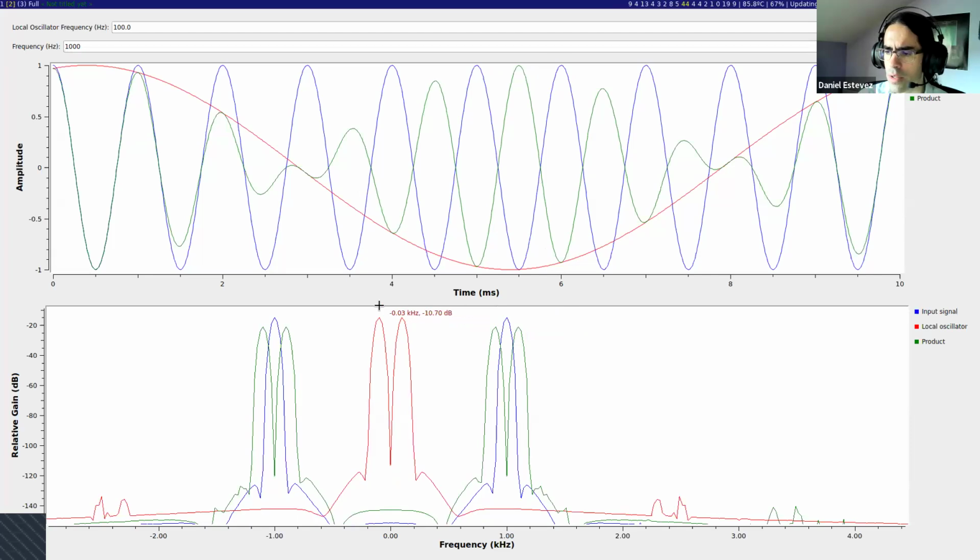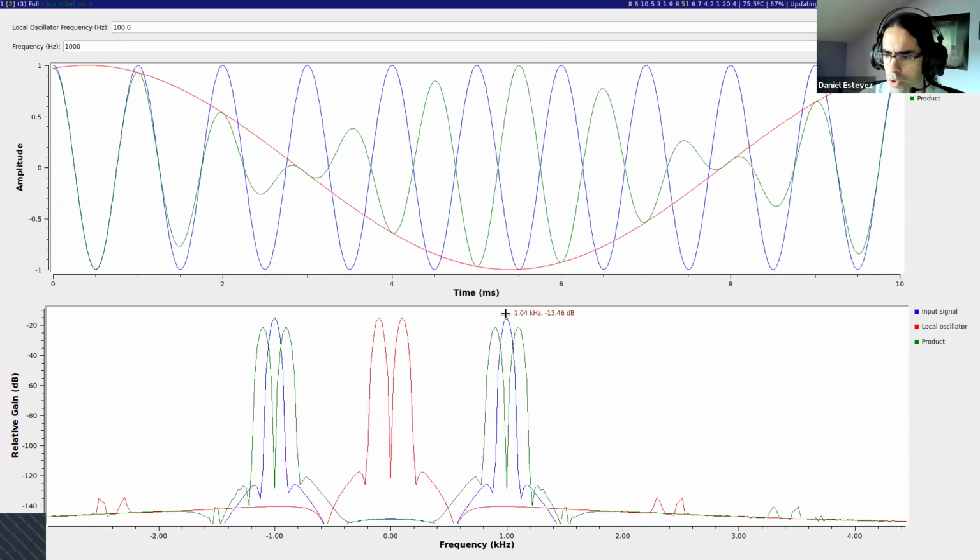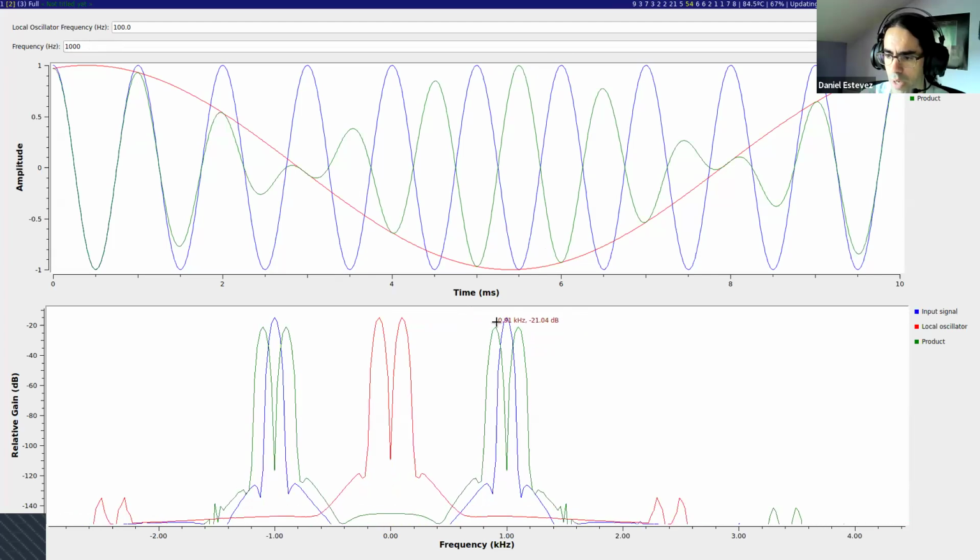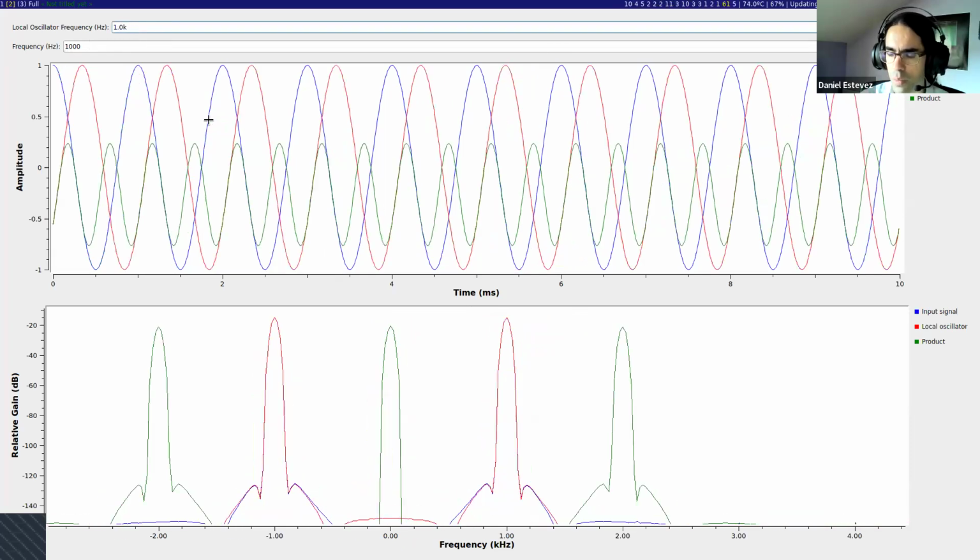And we can try to make some use of this by, for example, if I want to translate this thing in frequency to make it come to 0, I have already shifted it by 100 hertz. So I need to shift it by 900 hertz more. And that is basically the same thing as setting this to be the same frequency. So by doing that, we get on the product the difference of frequencies, which is a constant.